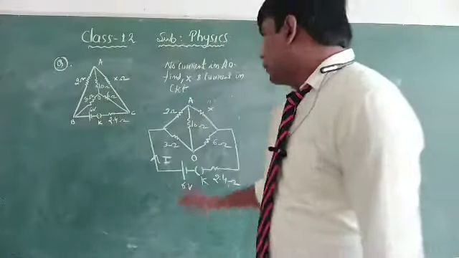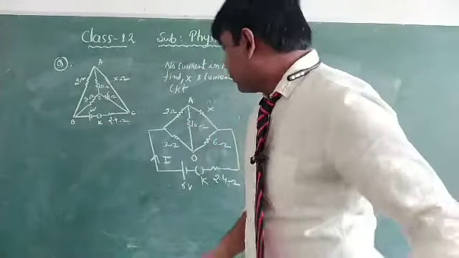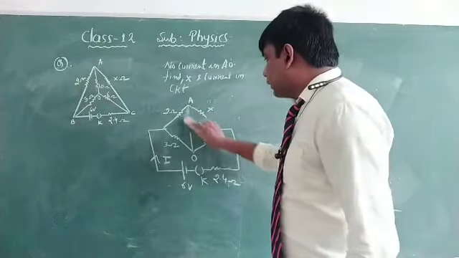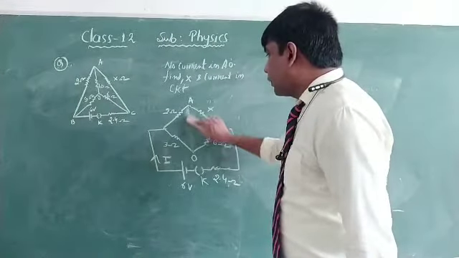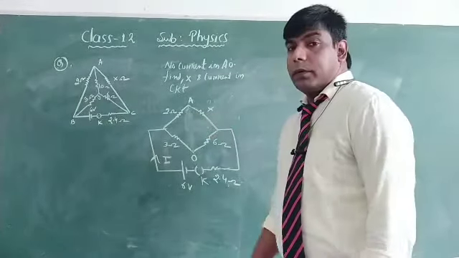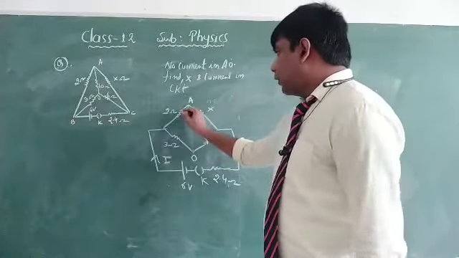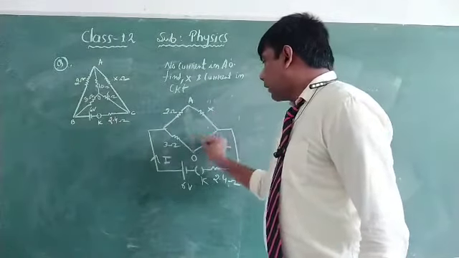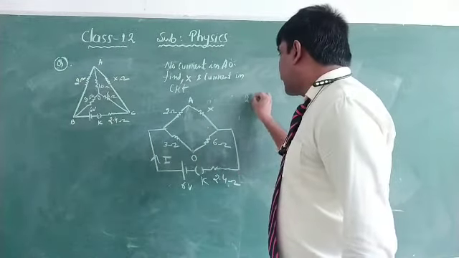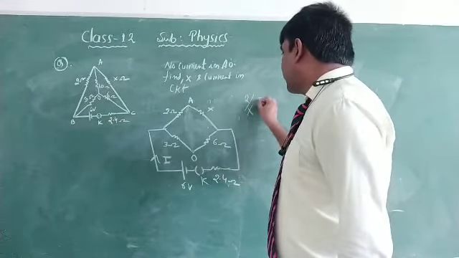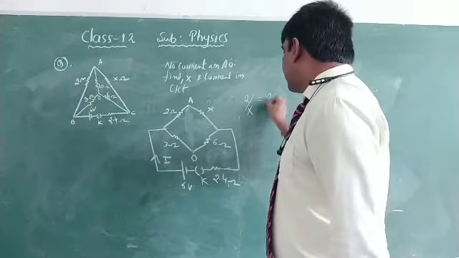So when no current is flowing here, it will have no effect, means it is an open circuit. Now see, when the Wheatstone bridge is in balanced condition, we can write, P by Q equals R by S, that is 2 by X is equal to 3 by 6.